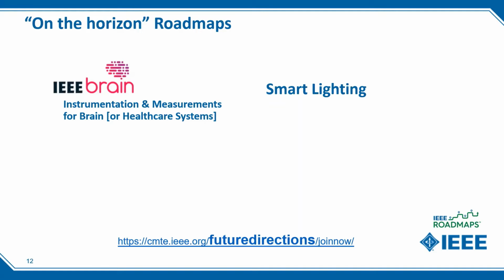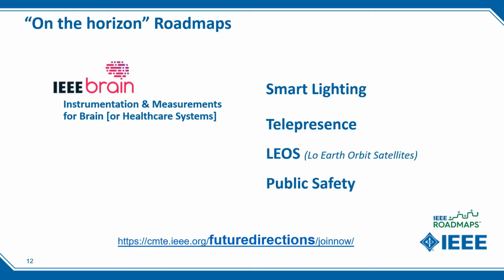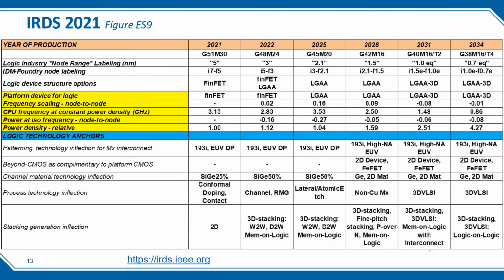There are other initiatives within the IEEE Future Directions activity that are also considering roadmaps like smart lighting, telepresence, low Earth orbit satellites, public safety, and reliability. So stay tuned.